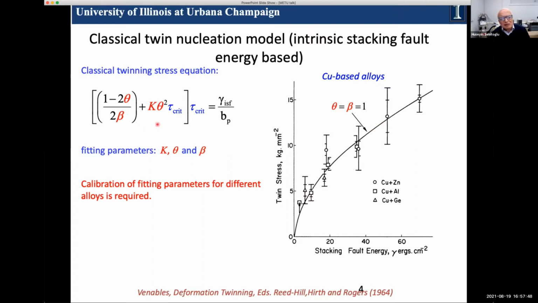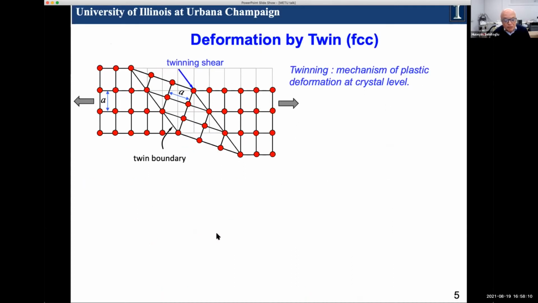But in this description, there are a number of fitting parameters, and so it requires fitting, and this is like a semi-empirical model. So we want to understand the twinning better. Of course, this is for face-centered cubic copper-based alloys. As I said, we need a more fundamental approach.